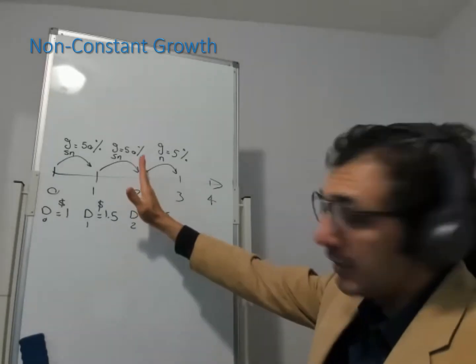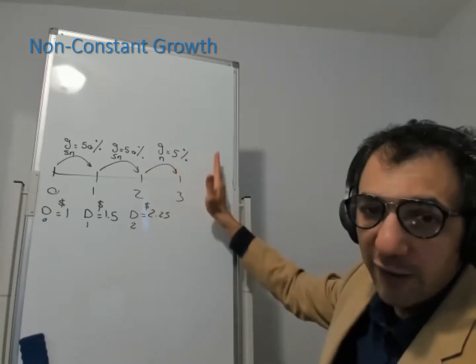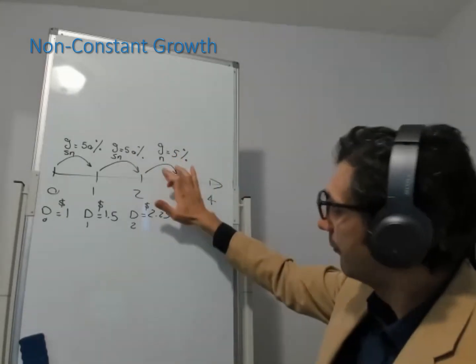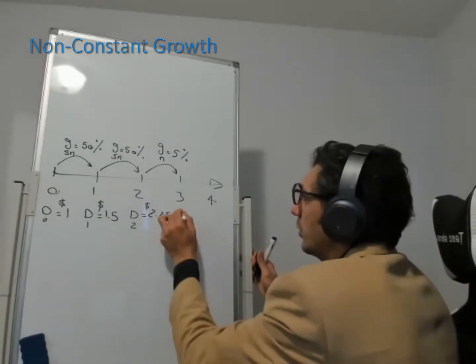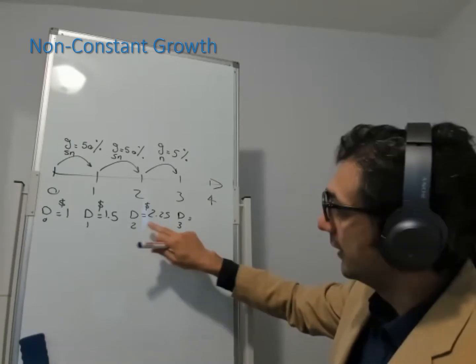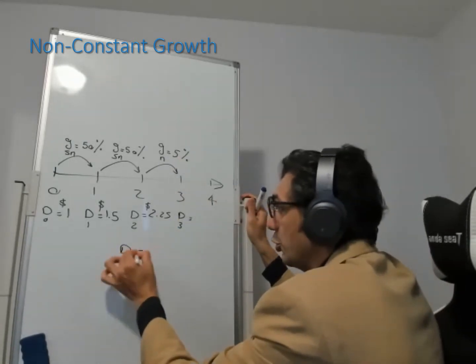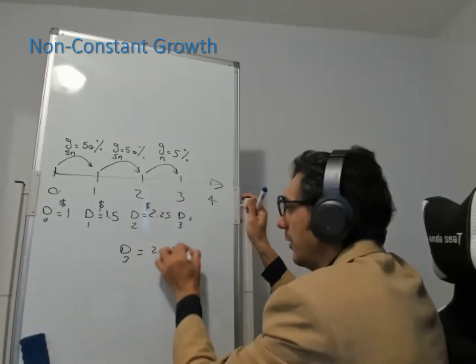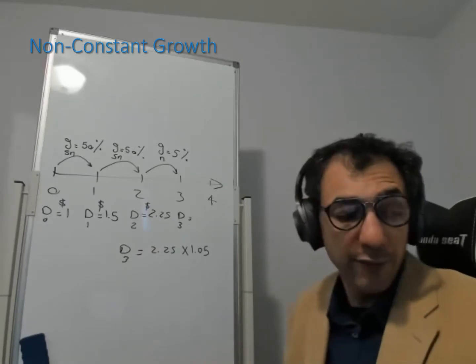Starting year 3, or the end of year 2, the dividend is going to grow at 5% constantly: 5%, 5%, and so on. In this case, your D3 should be D2 grown by 5%. In other words, D3 should be 2.25 times 1.05.